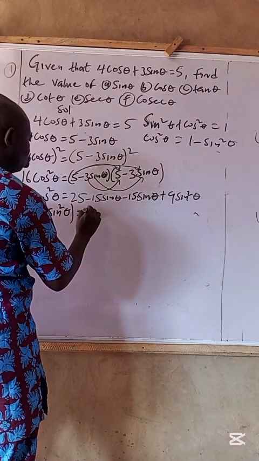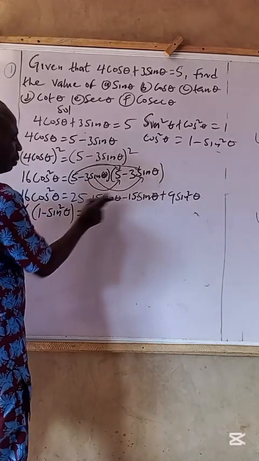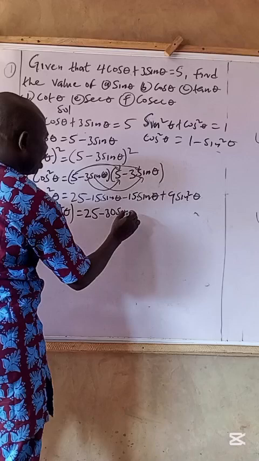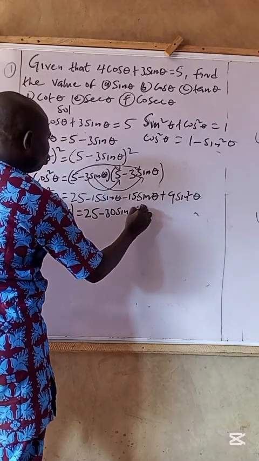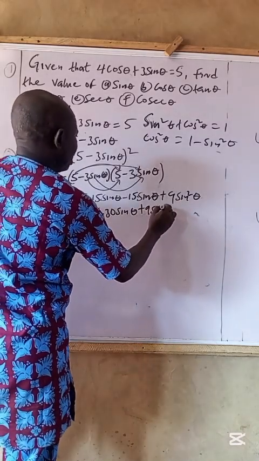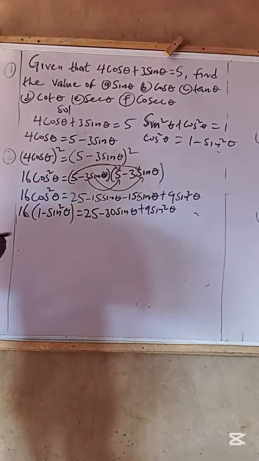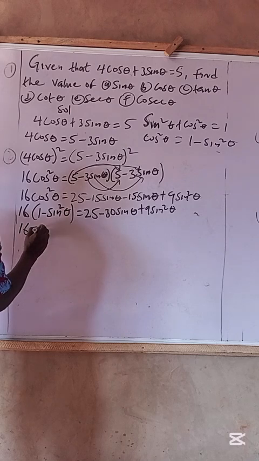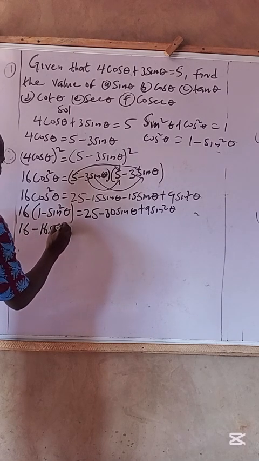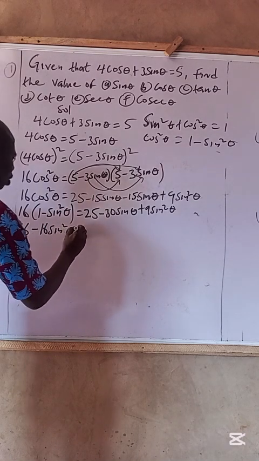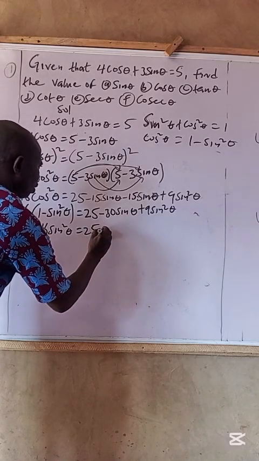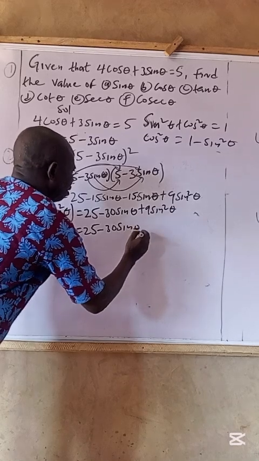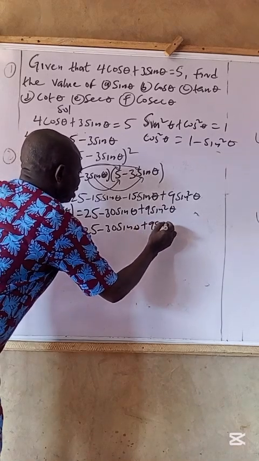The right side gives us 25 minus 15 minus 15, that's minus 30 sin theta plus 9 sin square theta. Then 16 times 1 is 16, and 16 times minus sin square theta is minus 16 sin square theta, equal to 25 minus 30 sin theta plus 9 sin square theta.